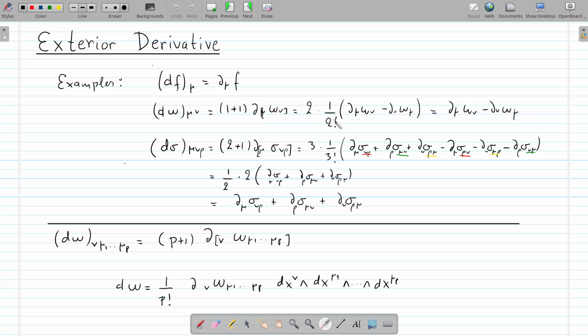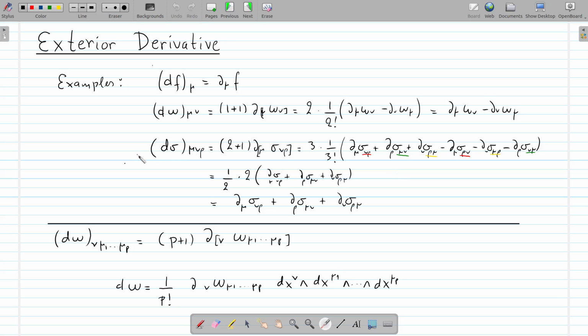So we have 1 over 2 factorial to normalize with. And here the antisymmetric sum of the permutation of the indices. So we end up here with d mu omega nu minus d nu omega mu. So with the conventions chosen, there is no factor in front of here.